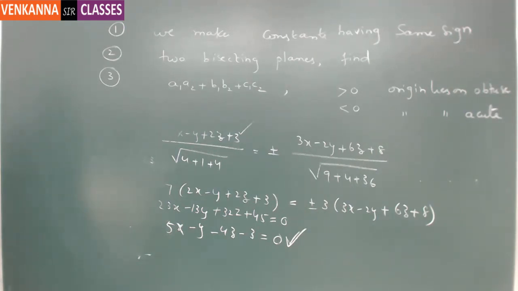Now what happens? Always we know that whenever we apply plus sign on the RHS, it always gives the origin side bisecting plane.